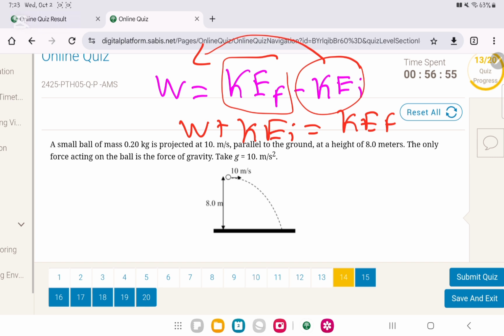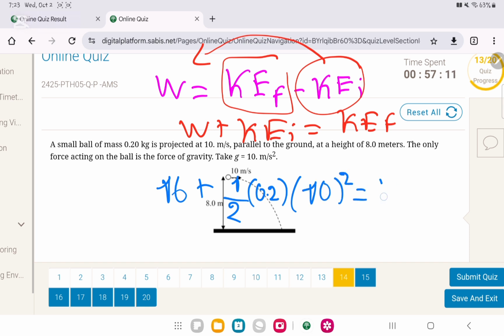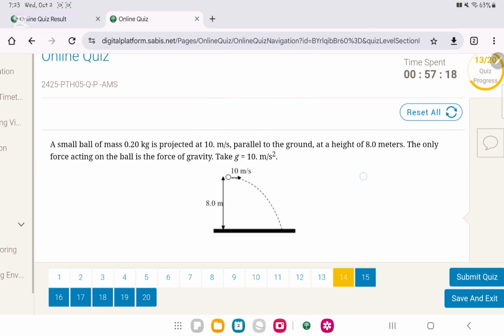Take the work from the first example we solved, it was 16, plus the kinetic energy initial. Kinetic energy is 1 over 2 times the mass, which is 0.2, times the velocity initial squared, which is 10 squared, is equal to the kinetic energy final. Then after adding, you get 26 is equal to kinetic energy final.